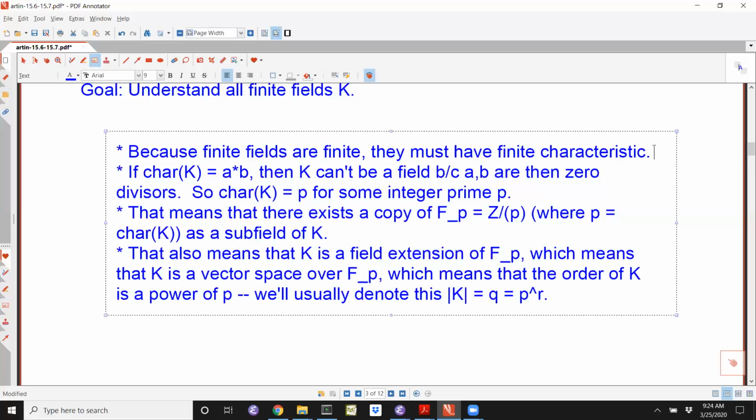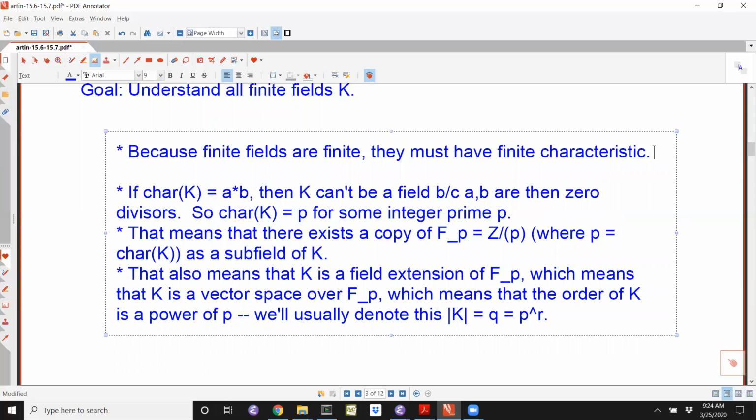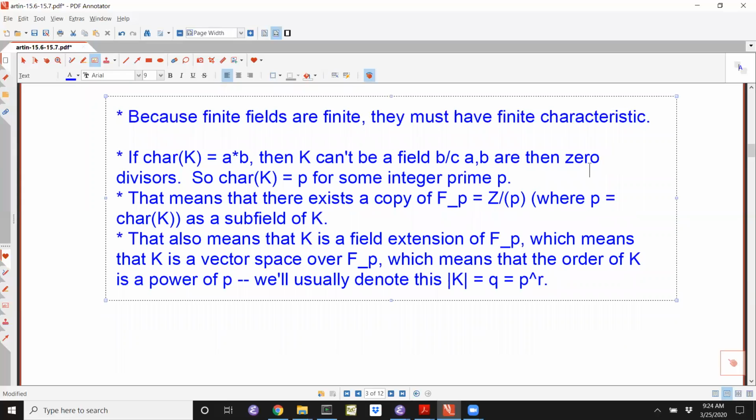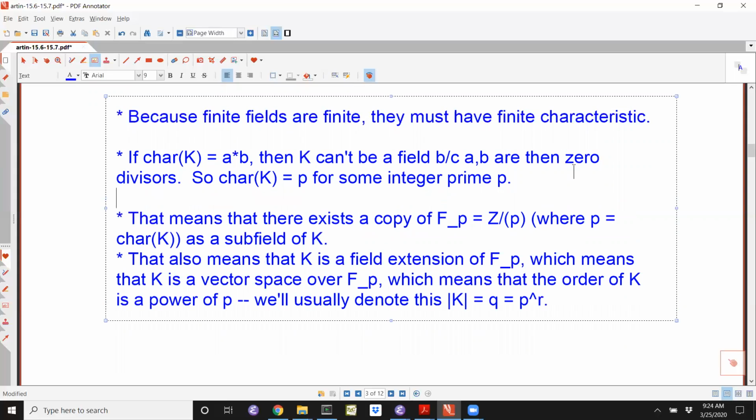Because a finite field is finite, it has to have finite characteristic, right? Because you can't have an element of infinite order in a finite additive group. If you had a ring of composite characteristic, so the characteristic K is A times B, where both A and B are greater than 1, then K can't be a field, because A and B are zero divisors.